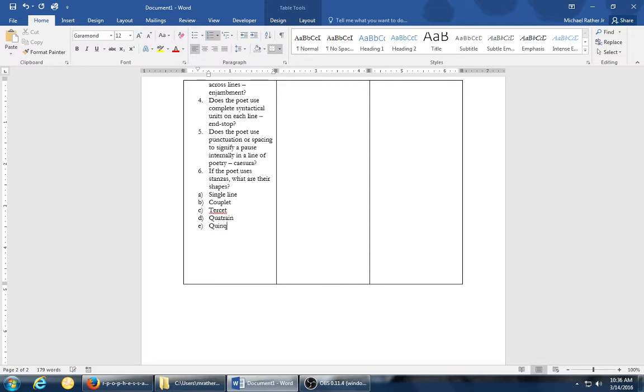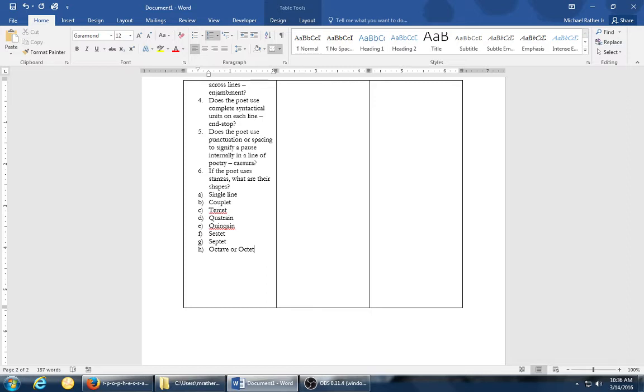Quinquain, 5-line. Sestet. Heptet, or septet, depending on who you talk to. I'll use septet. And then you have the octave, or octet. Okay? So you have those types of stanzas based on how many lines are in each stanza.